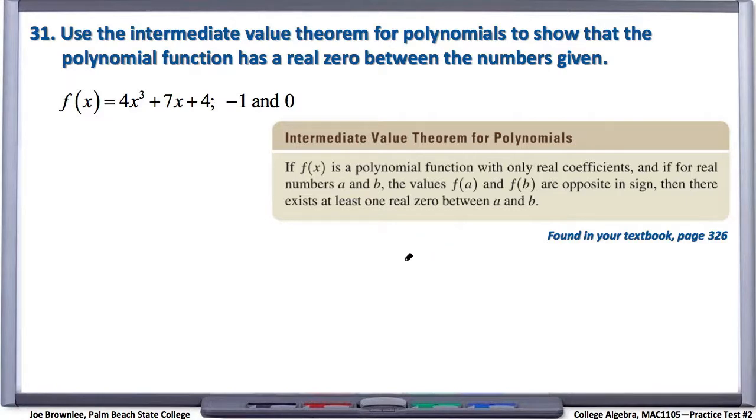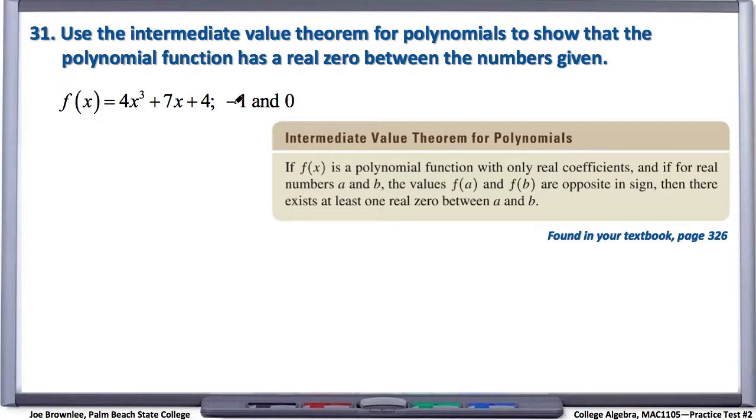So with 31, really we can do one of two things here. We can either use synthetic division here using our -1 and the function, see what our remainder is. Is it positive or negative? And then we can use synthetic division again with 0 and our polynomial here. Again, see what the remainder is, is it positive or negative?